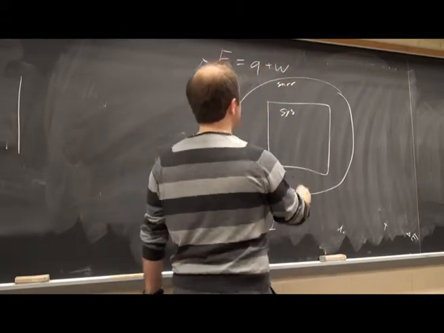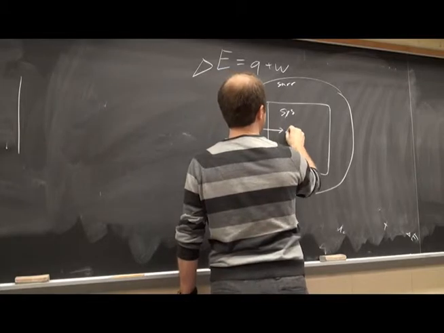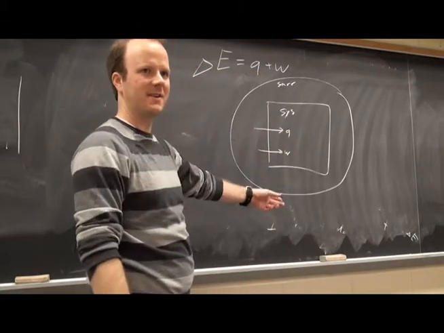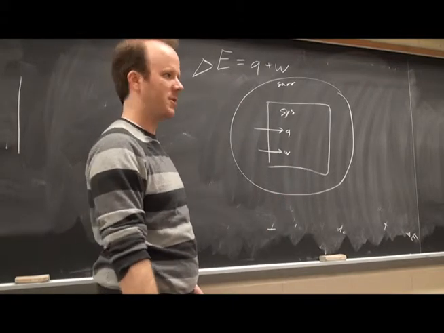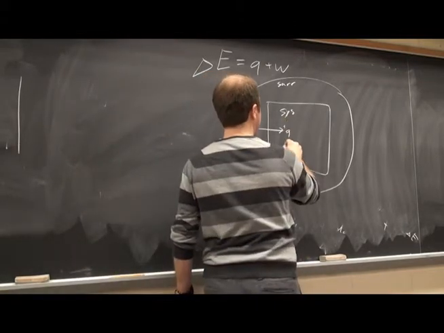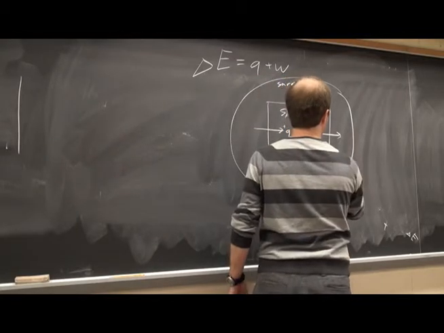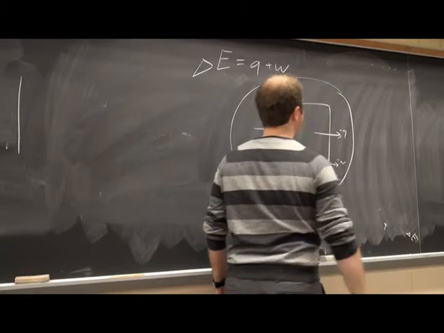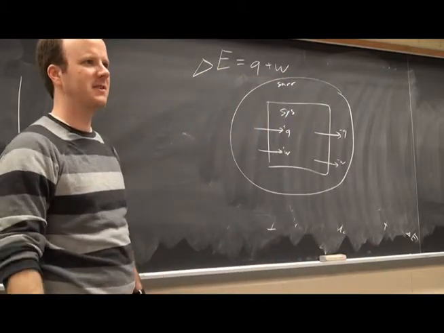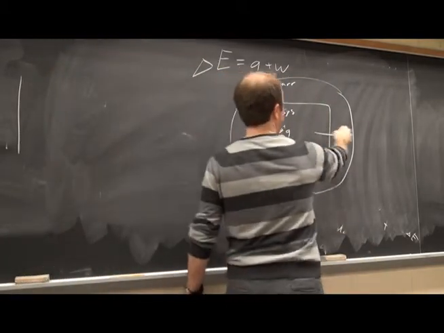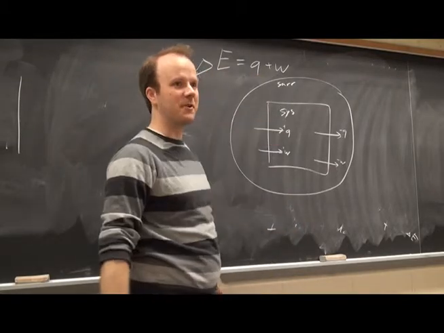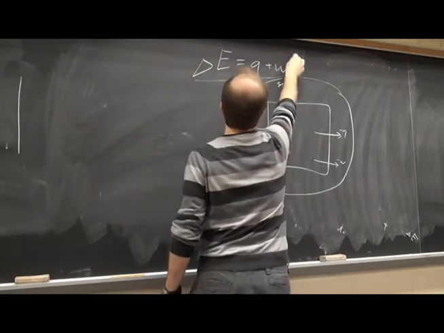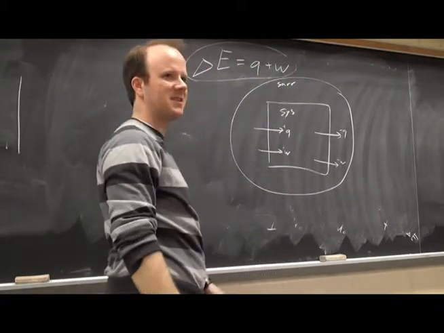So this is delta E of the system is Q plus W. Are my signs right? Plus, plus, right? Which one's for an exothermic reaction? Q going out. This one's for an endothermic reaction then. And so this describes the internal energy change of my system.